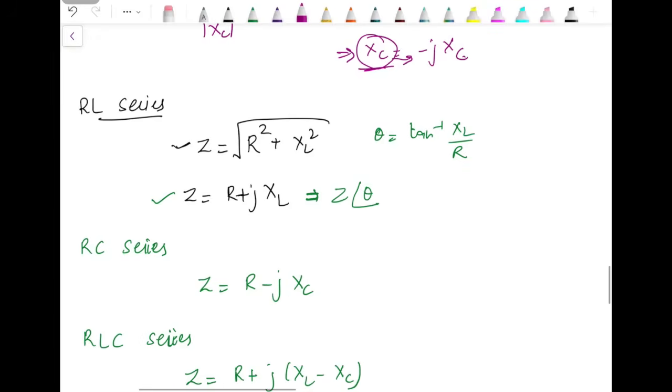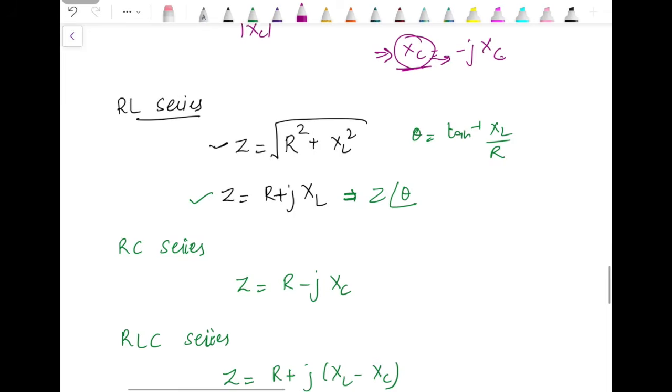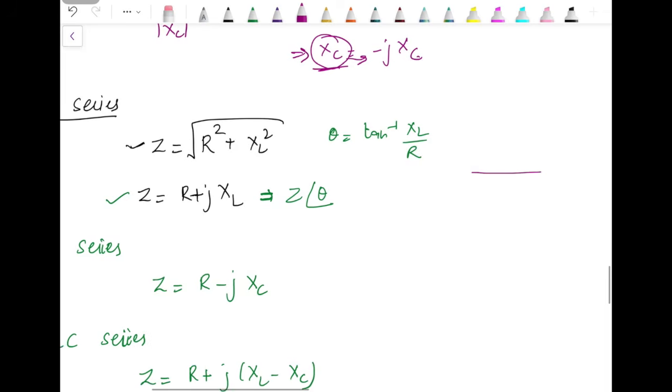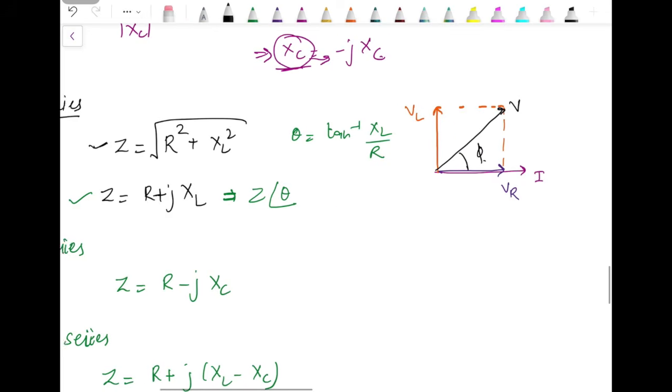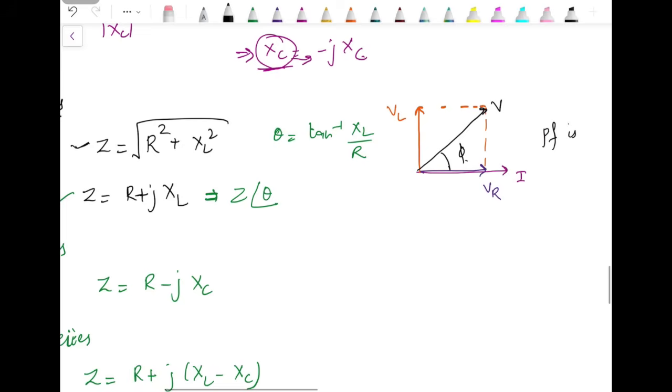We can even draw the phasor for RL series circuit. For RL series circuits, current is considered as reference, voltage across the resistance is in the same phase with the current, voltage across the inductor leads the current by 90 degree, and their resultant is actually supply voltage V, and this is angle phi. So here current lags behind the voltage, so power factor is lagging power factor.